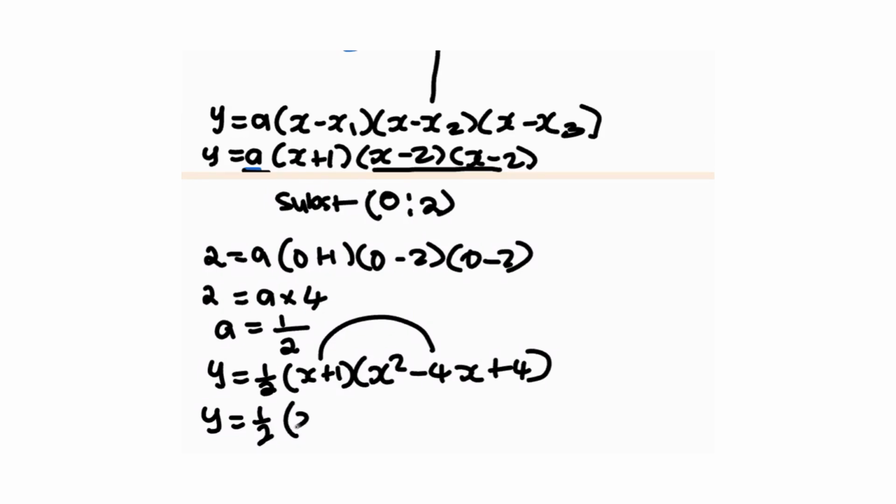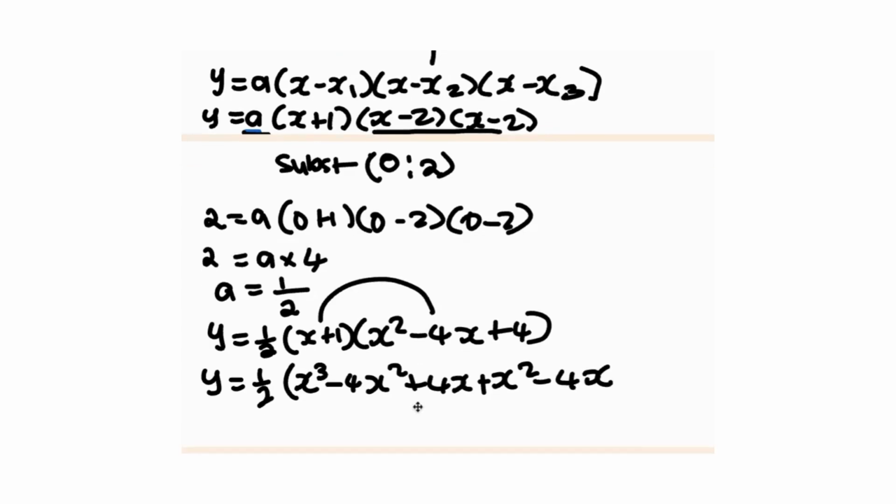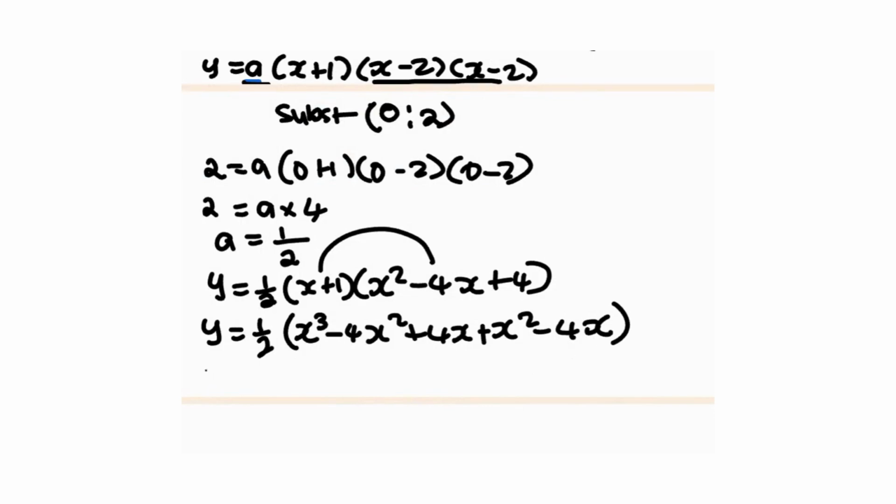So I'm going to have x cubed minus 4x squared plus 4x plus x squared minus 4x plus 4.